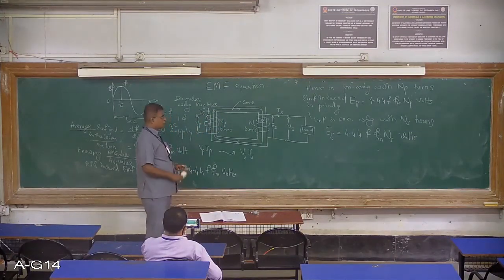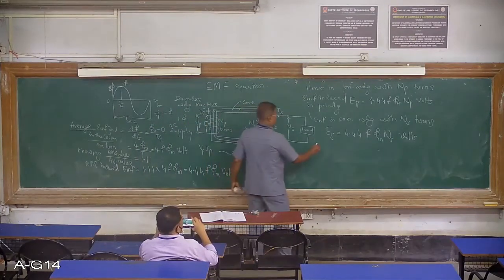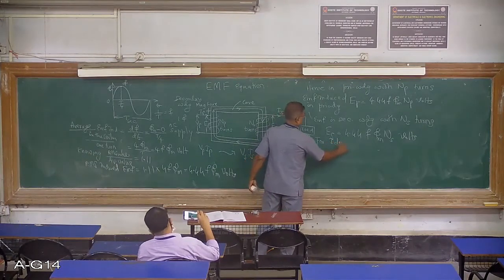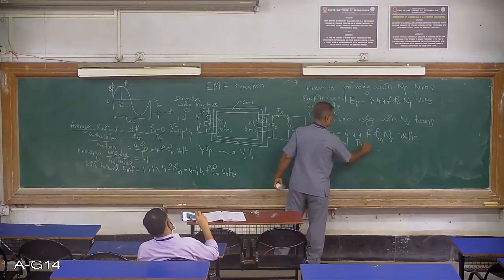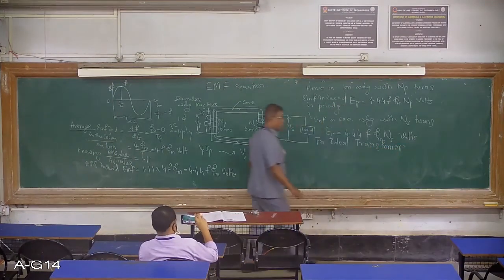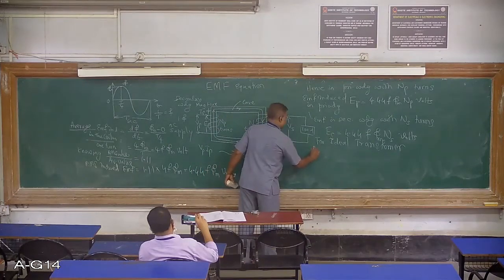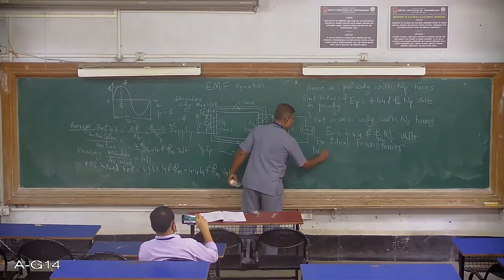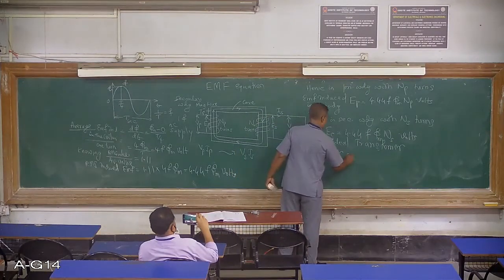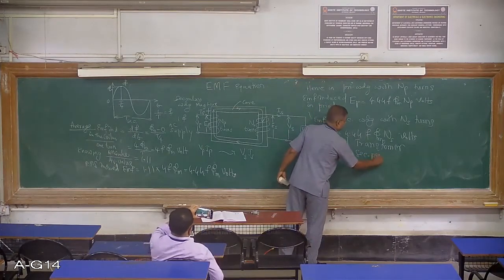Now let us go through the further implications. For an ideal transformer, the power on the primary side is equal to the power on the secondary side.